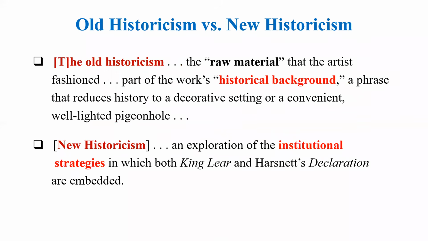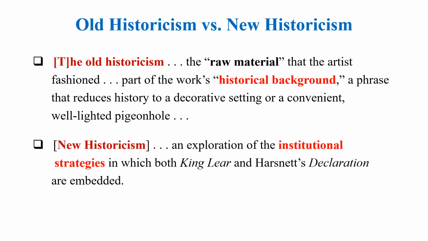And we have to understand what is new historicism. Of course, we know something, but there is something called old historicism. So this is a difference I am quoting from Stephen Greenblatt. So the old historicism, what we do, we consider that as a raw material.